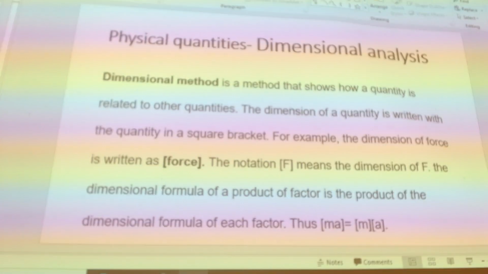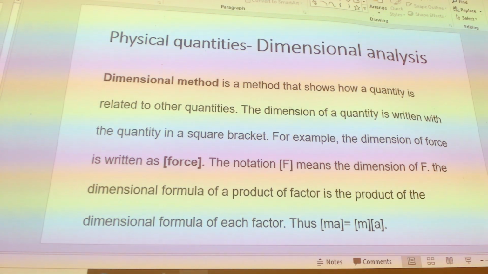So we move to the main point, the dimensional method. What do we mean by dimensional method? We have three fundamental quantities: length, mass, and time. The dimension of a quantity is simply the first letter of that quantity.